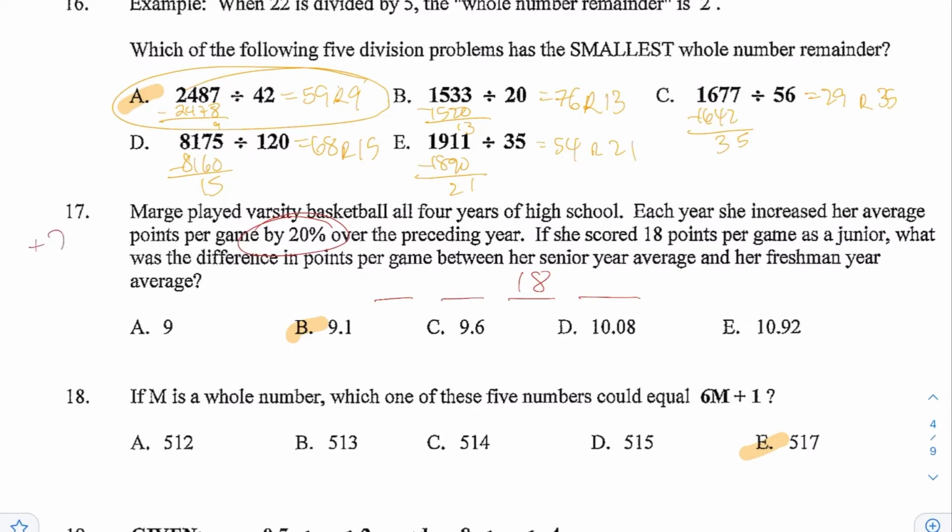So when you increase by 20%, you're really multiplying by 1.2, because you have to do the 20% added to the original, which is 100%. So 18 times 1.2 will be 21.6.